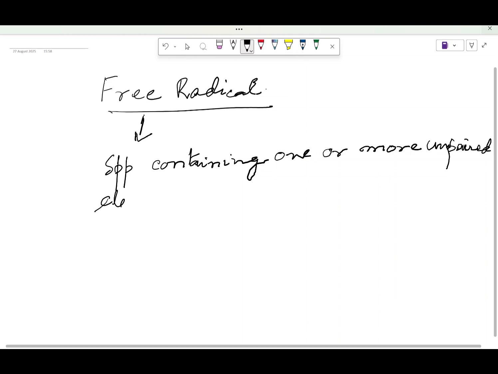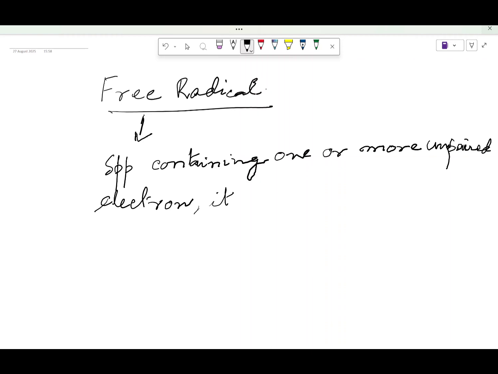That is called a free radical. Due to the unpaired electron, it is highly reactive, and the property of the free radical is that it is paramagnetic.